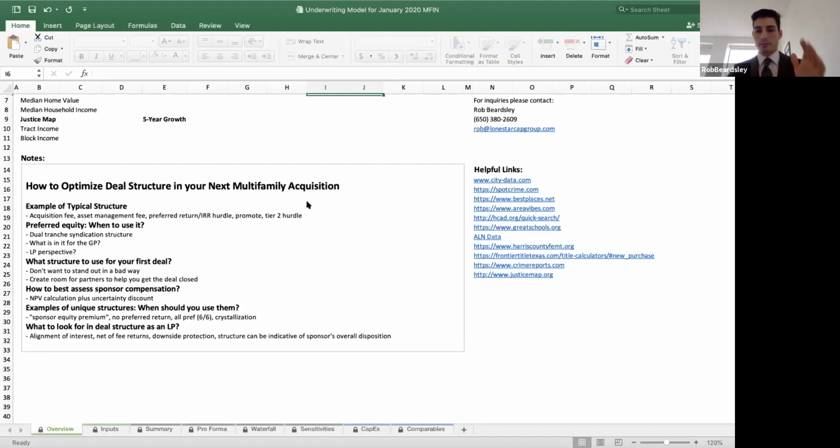You should absolutely model it in a spreadsheet and stress test it and see, well, if things don't go well, how am I protected? And then other structures I've seen are, it's an interesting structure. I have it written here, all pref or all preferred return. What I've seen is the common equity, the investors in the deal, receive 6% on a cash flow basis, and then 6% per year is accrued upon sale.